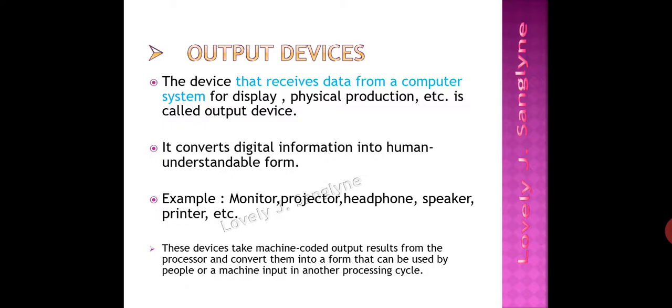So now let us have a look at the output devices. An output device receives data from a computer system. Now, keep in mind that we are receiving data from a computer system using output devices.